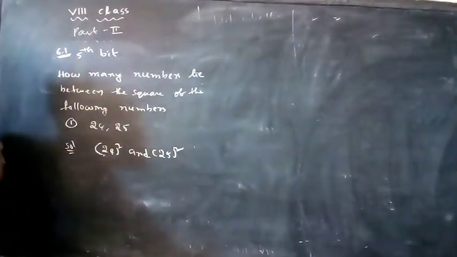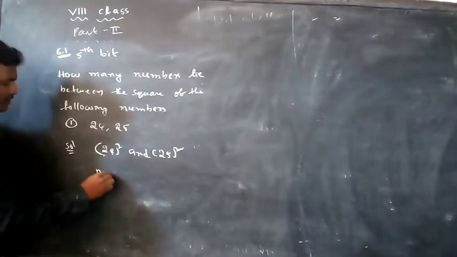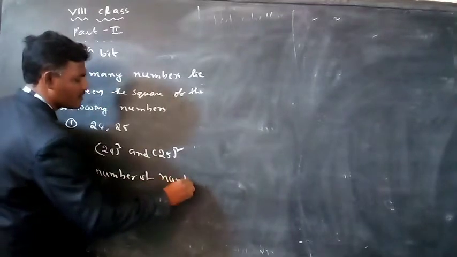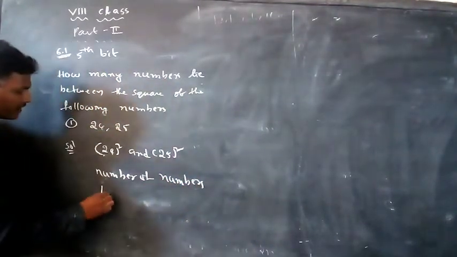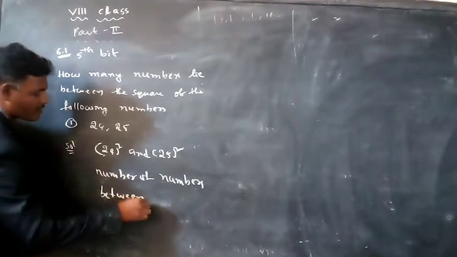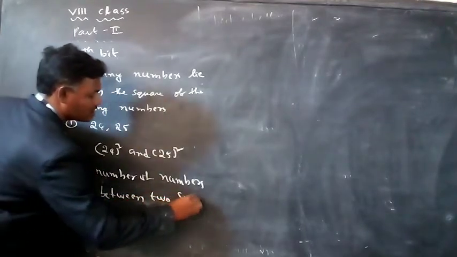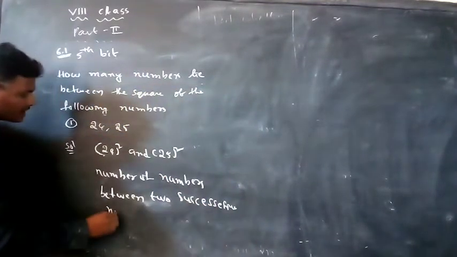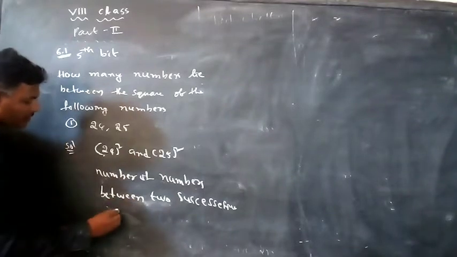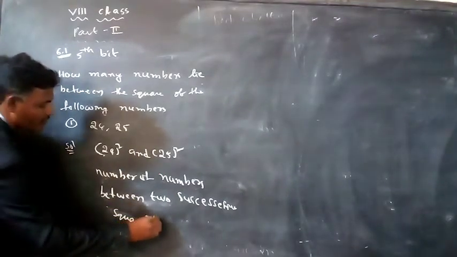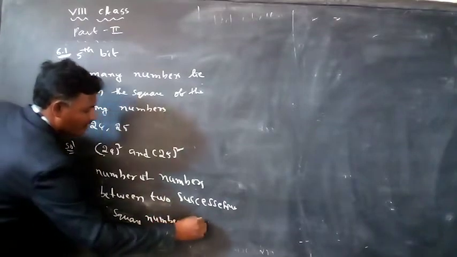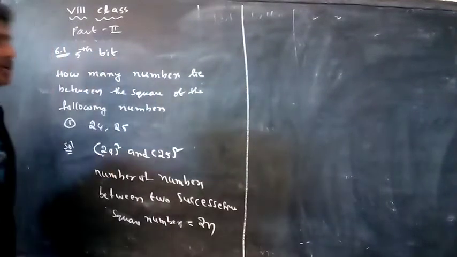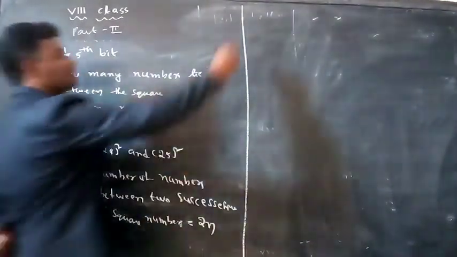To find the number of numbers between two successive square numbers we have one formula: 2n. What is the meaning of n? n is nothing but the base of the first number.